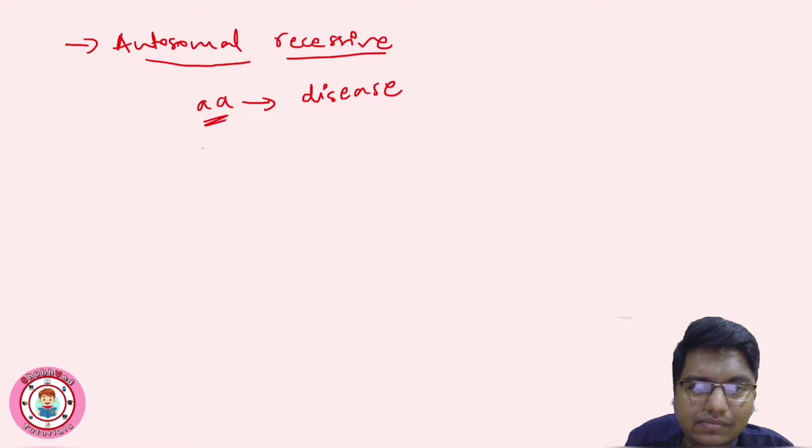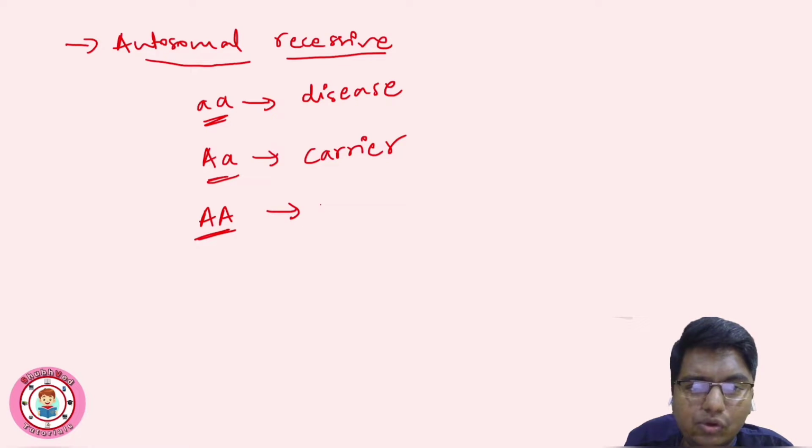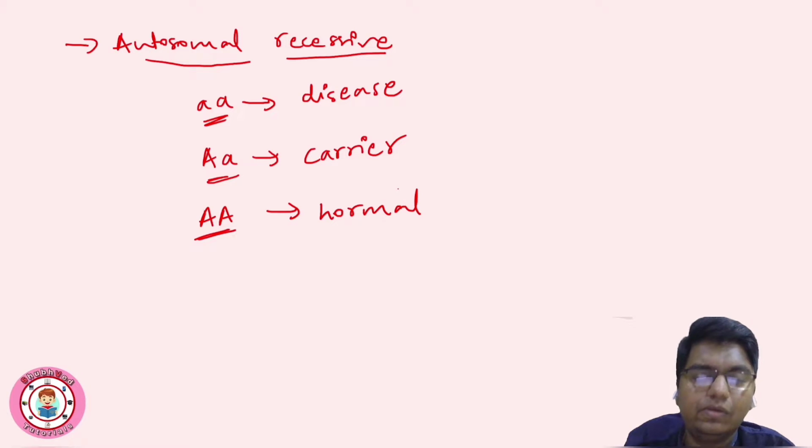Then this condition is not having any trait, but it has the recessive allele, the heterozygous condition. So this is a carrier. And then capital A, this is normal. So these conditions are very important, and we have to remember these. I will draw one pedigree here.